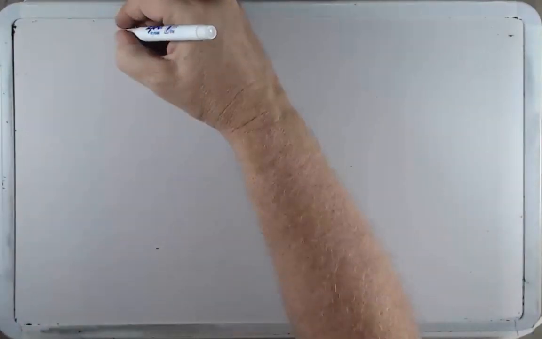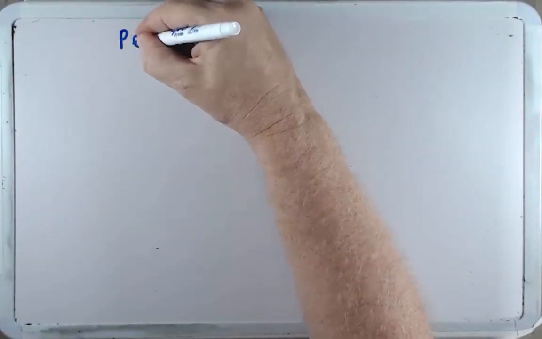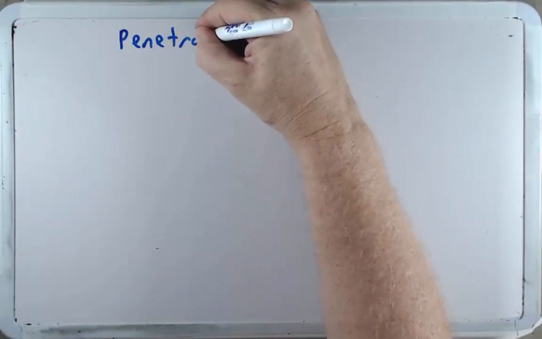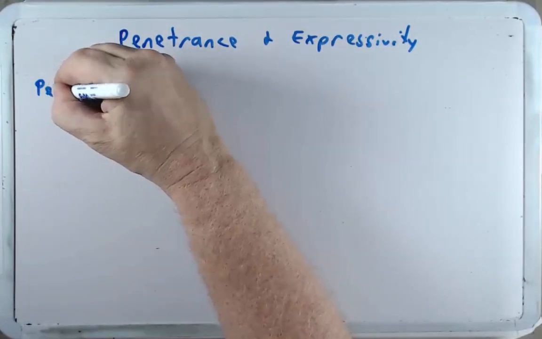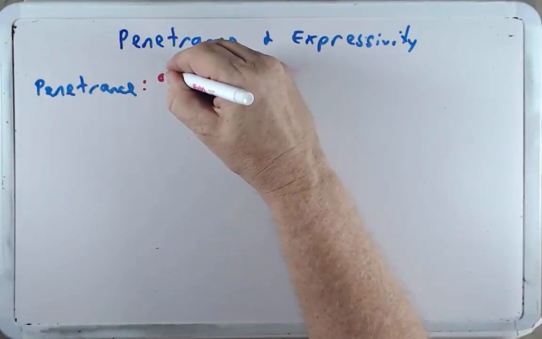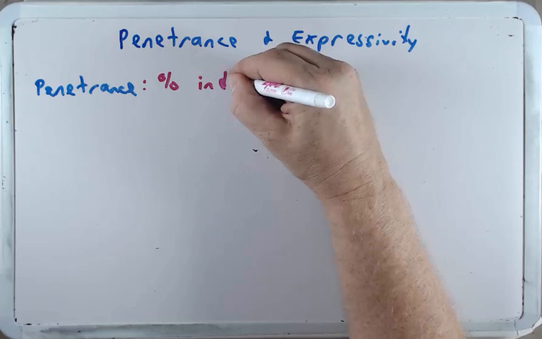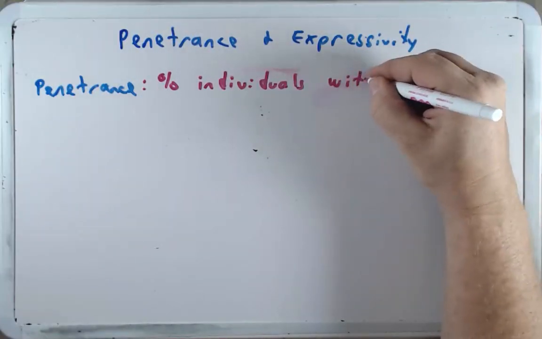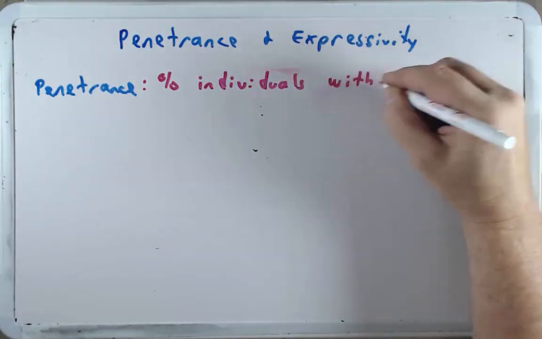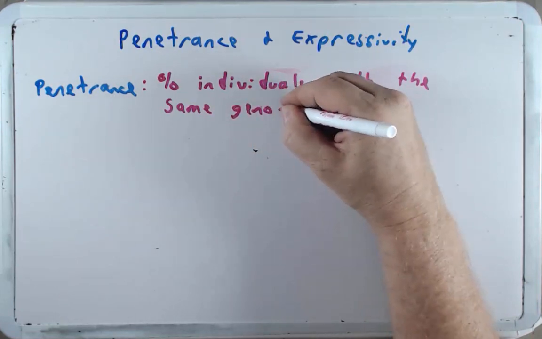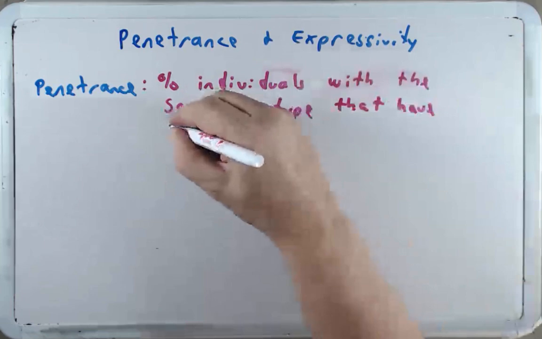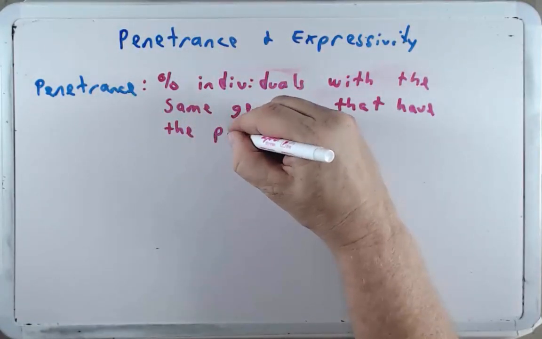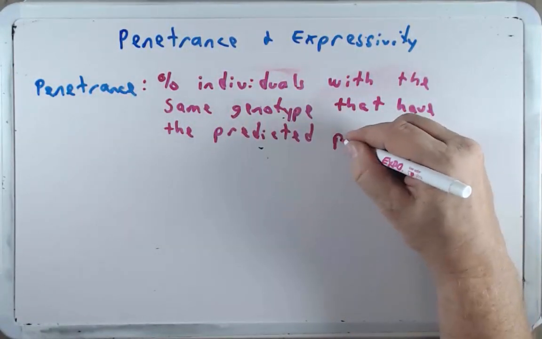The next thing I want to talk about are the concepts of penetrance and expressivity. First, let's define the two terms. Penetrance is the percentage of individuals with the same genotype that have the predicted phenotype.